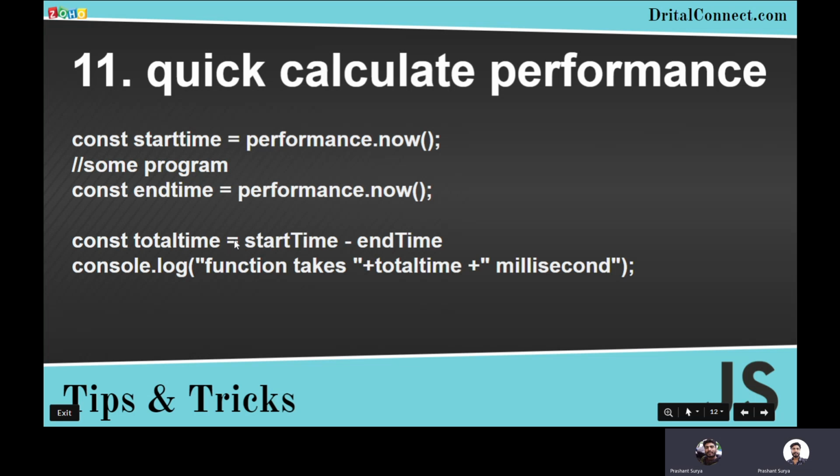Now you subtract startTime from endTime, and you can easily console log the total time taken in milliseconds. So the key is that performance.now is used to log the performance of any execution.